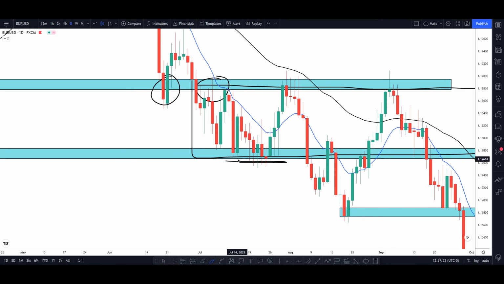And so you can see we did break below these lows, but then price action closed within the zone. A close shows you signs that the bears attempted to push back down, but by the end of the day, the bulls did not want to push the price further back down.